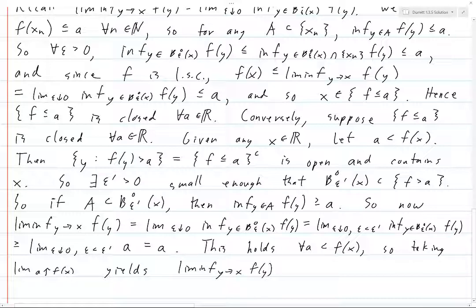Really, this is the limit as A increases to f of x of the lim inf as y approaches x of f of y. But that doesn't involve A at all. So this is just lim inf as y goes to x of f of y. This is going to be greater than or equal to the limit as A increases to f of x of A, but this limit is precisely f of x.